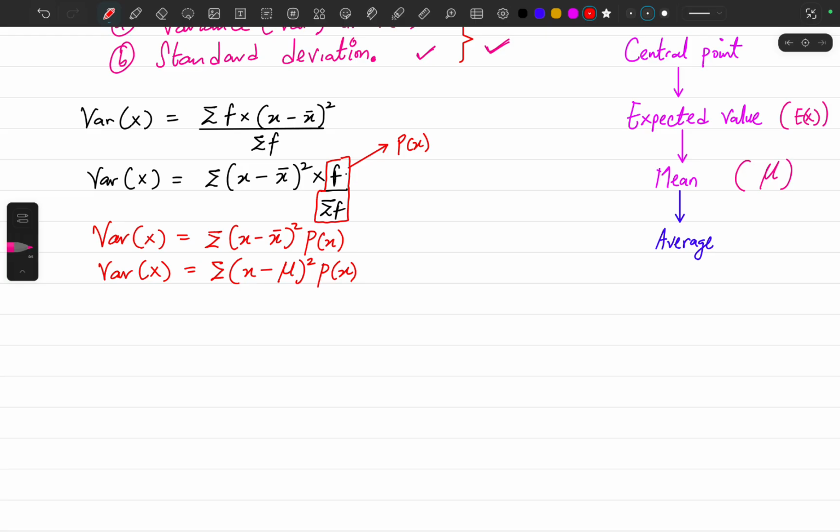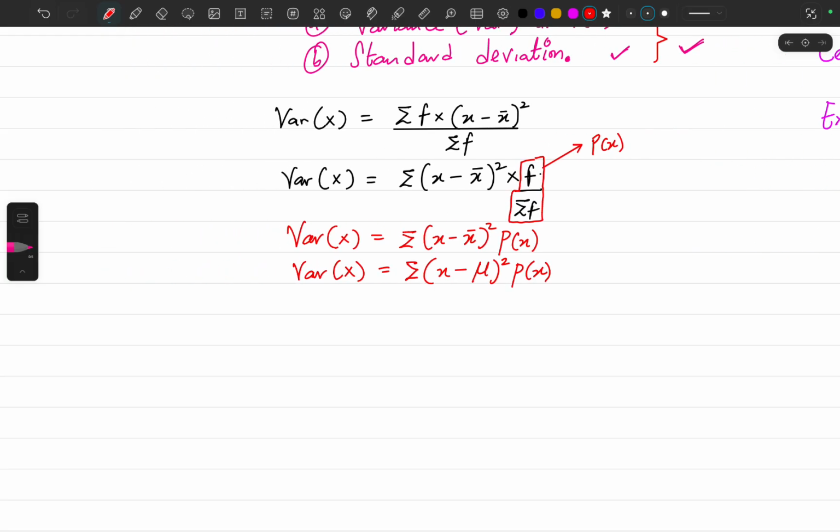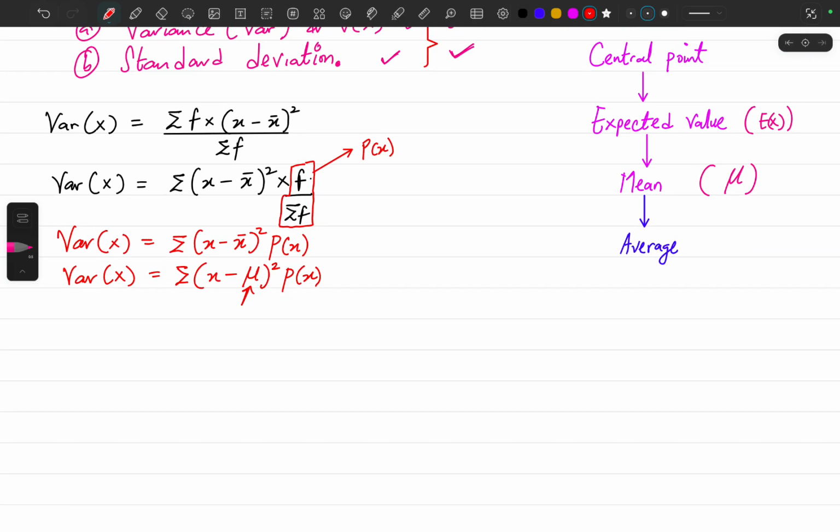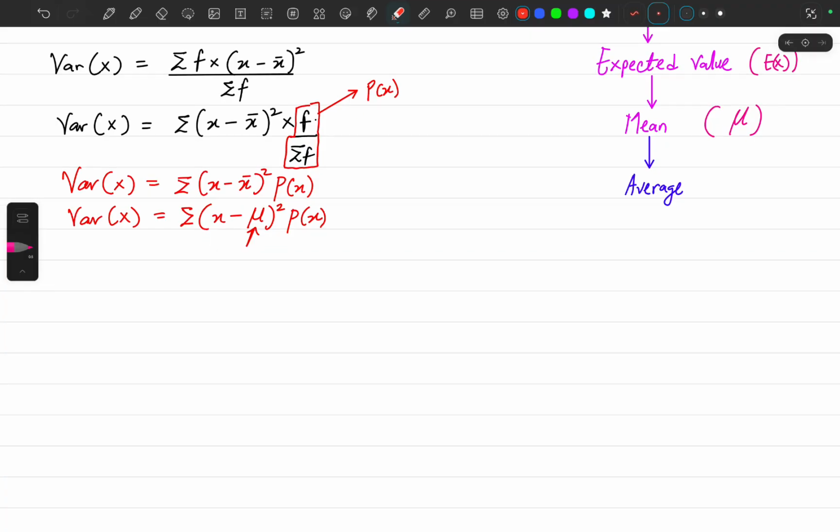Now, this can also be represented by the expected value. So there are two formulas I have for my variance here.